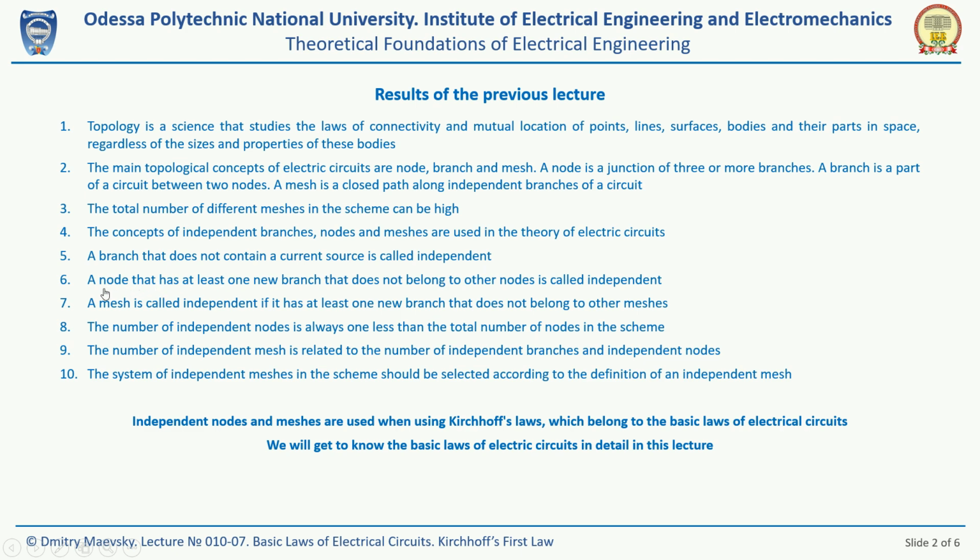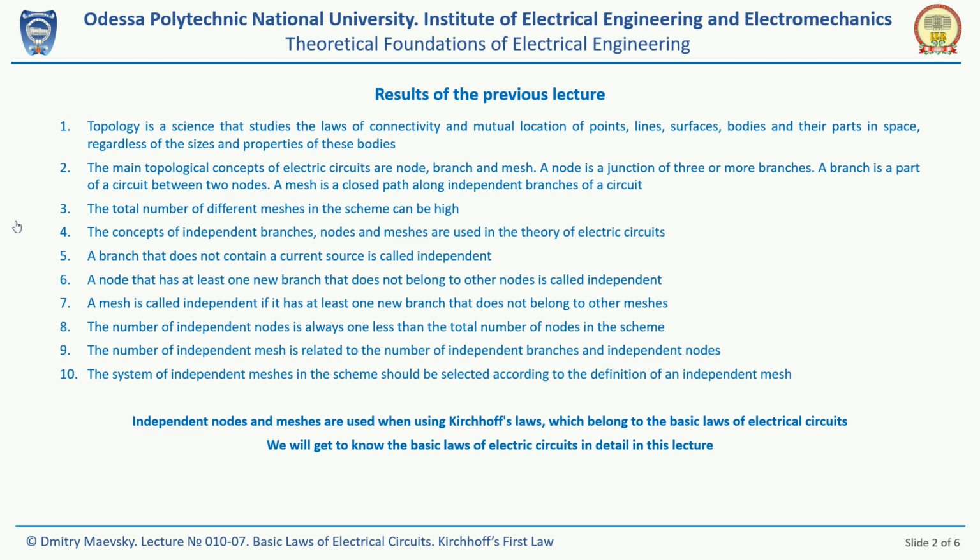Then its current can be any, and it is determined by the parameters of the elements of this branch and other branches. But when the branch contains a current source, its current is determined by this source and cannot take any other value.